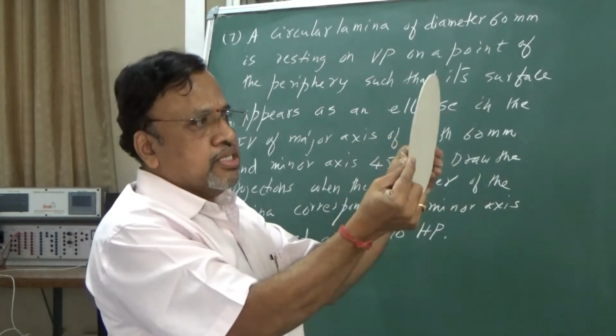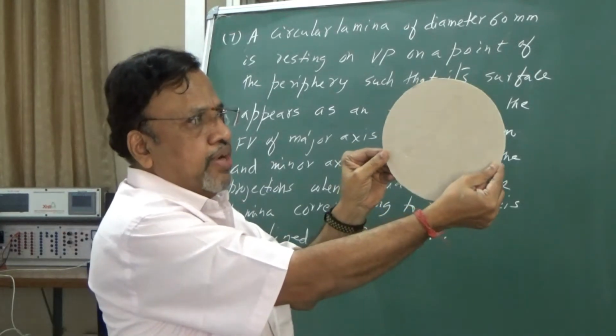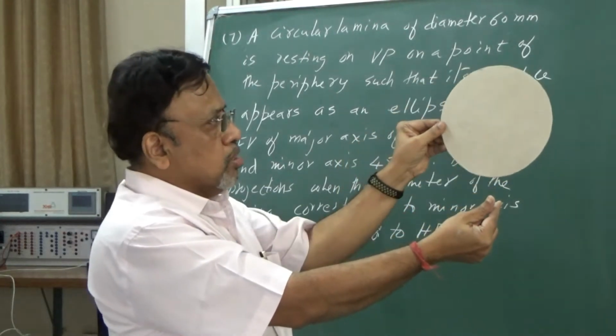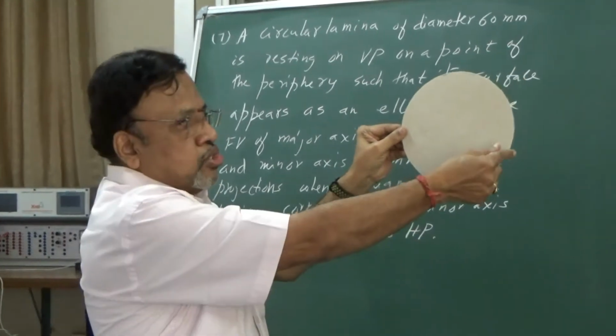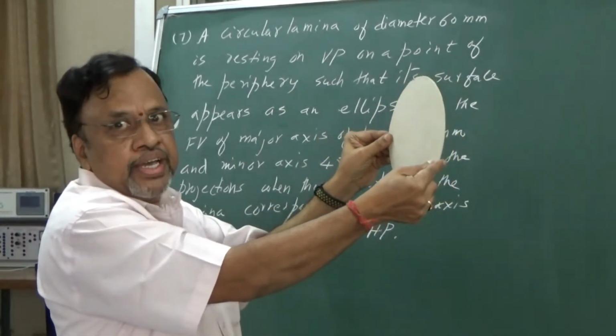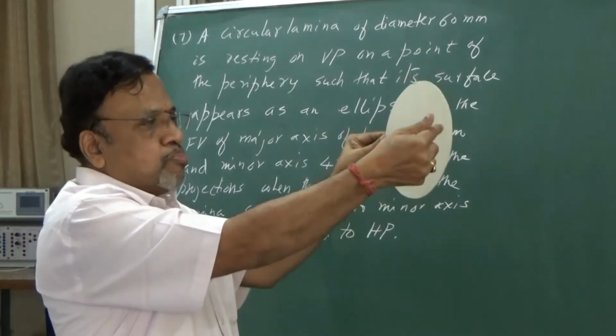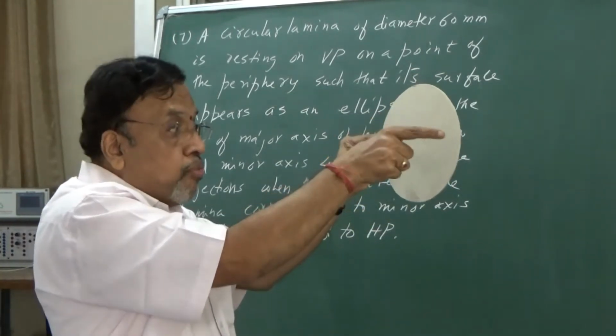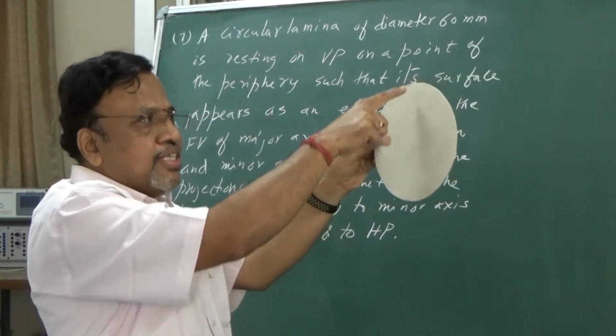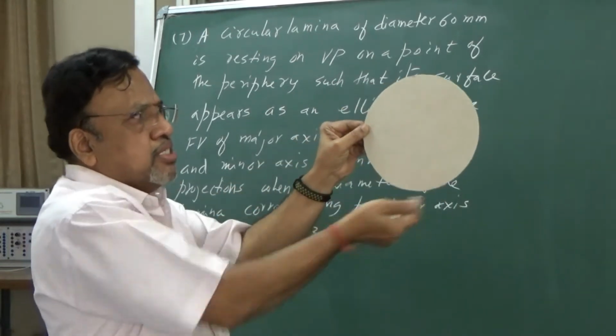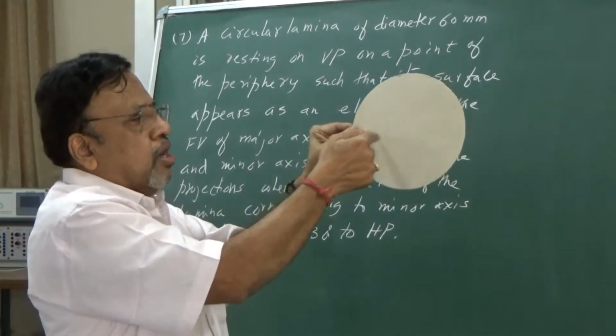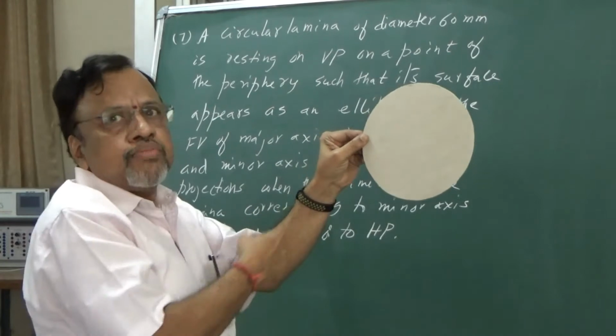I can just hold it like this; this is the true shape of the circular lamina. Once I rotate it in this way, what will happen? Now this particular diameter will be foreshortened. If you consider the circular lamina, it has a horizontal diameter and a vertical diameter.